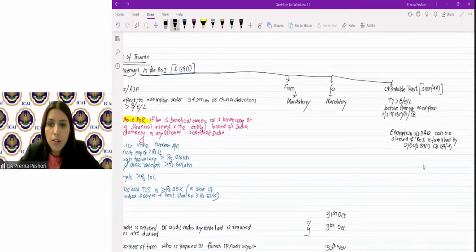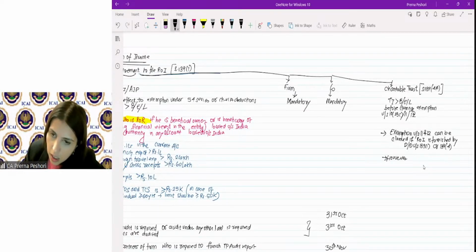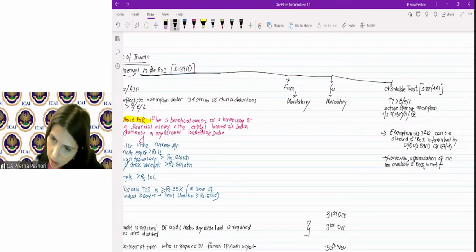So you have to file the return of income if the total income exceeds the maximum amount not chargeable to tax, which is the basic exemption limit. However, accumulation of income is not available if the return of income is not furnished by the due date under Section 139(1).